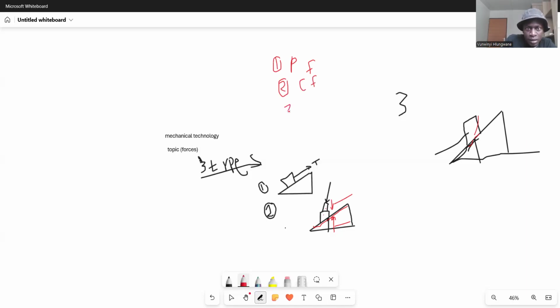Number three, we have a shearing force, we can say SF. I think now we know how to identify these three types of forces, and examples of the forces.